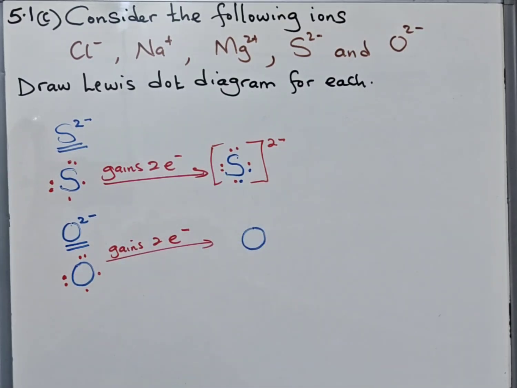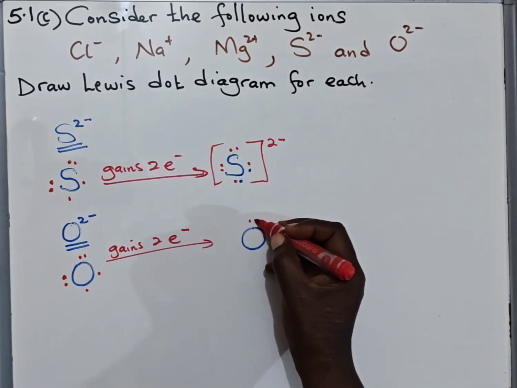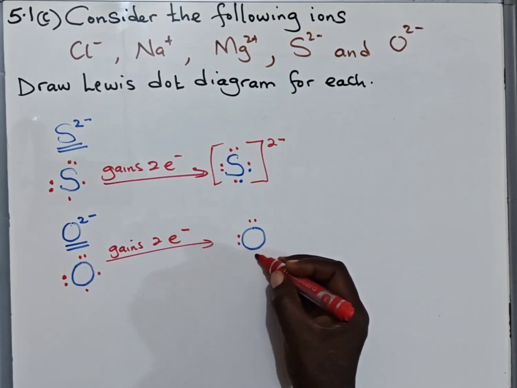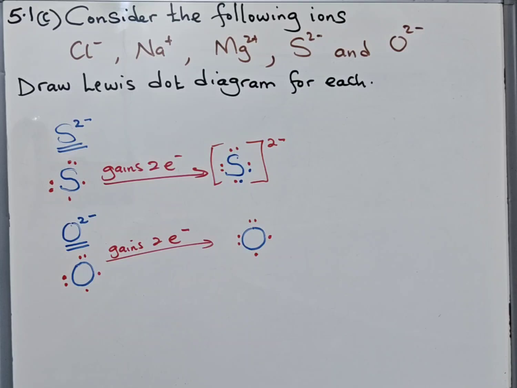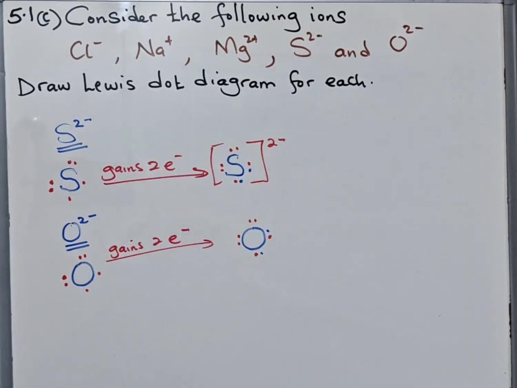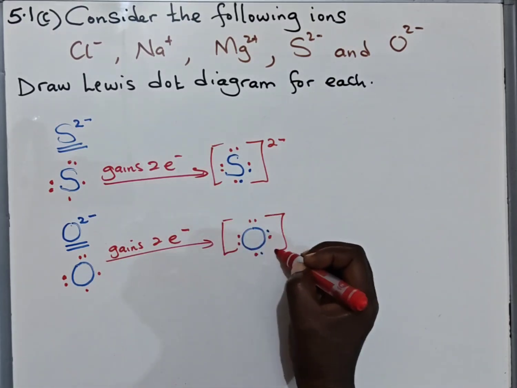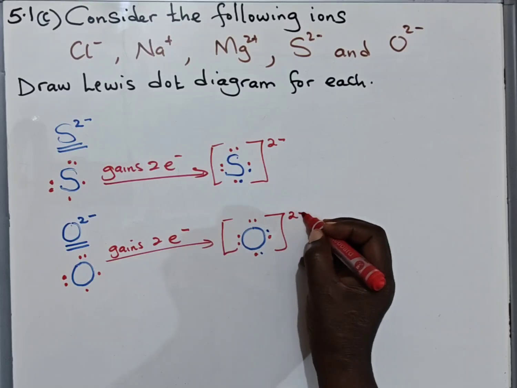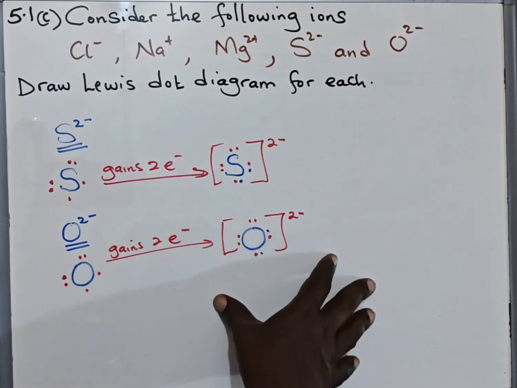You have your oxide ion with 1, 2, 3, 4, 5, 6. Now the 2 gained electrons occupy this space, 1, 2. So we put a bracket and we indicate the charge here. It's negative because it gained electrons.